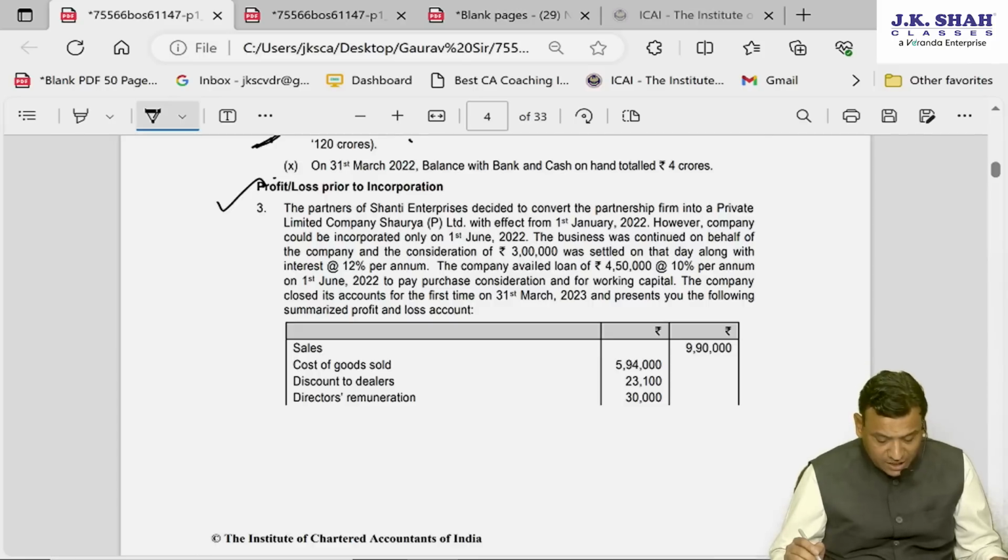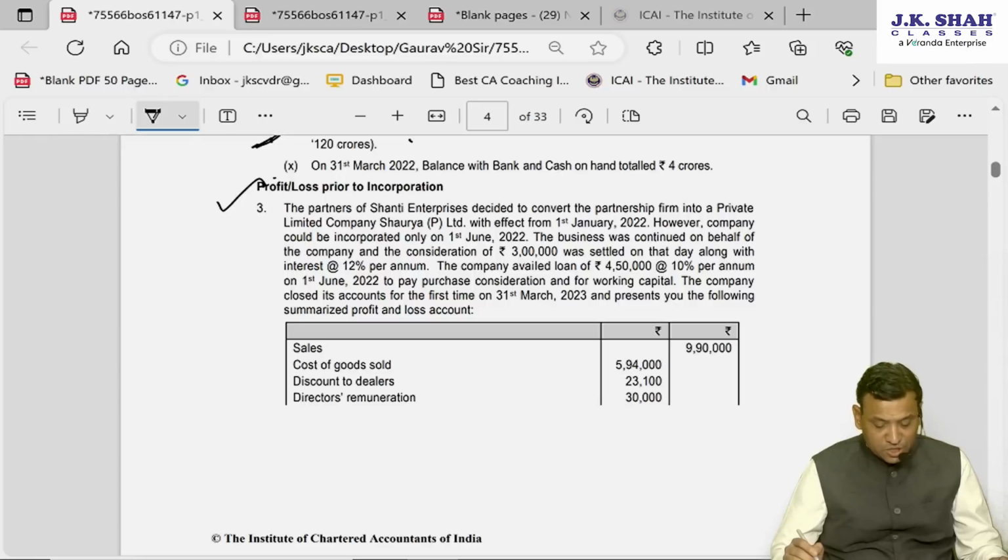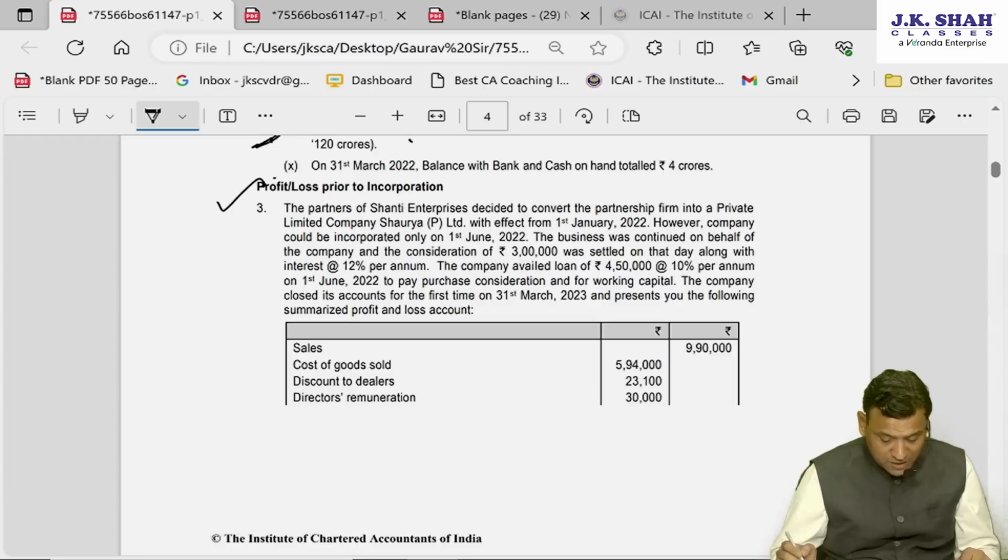The business continued on behalf of the company and the consideration of 3 lakhs was settled on the day along with interest at 12% per annum. The company availed a loan of 4,50,000 at 10% per annum on 1st June 2022 to pay consideration and for working capital.